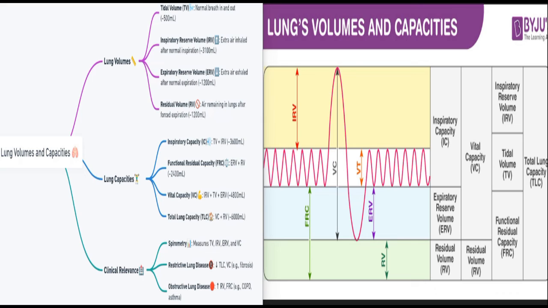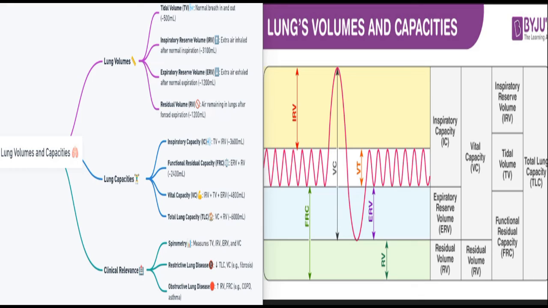That is suggestive of restriction or even a mixed pattern. And if you have a forced expiratory volume in 1 second of about 57%, that's also a marked reduction suggestive of airflow limitation.